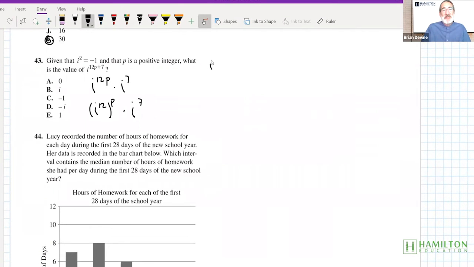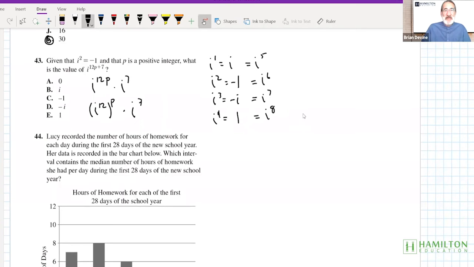Well, i to the 7th, note that i to the 1st is equal to i, and that i squared equals -1. We were told that. So i cubed equals -i. We can multiply -1 by i. And i to the 4th then would equal +1. And we multiply that by i, we're going to get i again. So i to the 5th would be i, and i to the 6th would be -1, and i to the 7th would be -i, and i to the 8th would be 1, and we could repeat this over and over again.